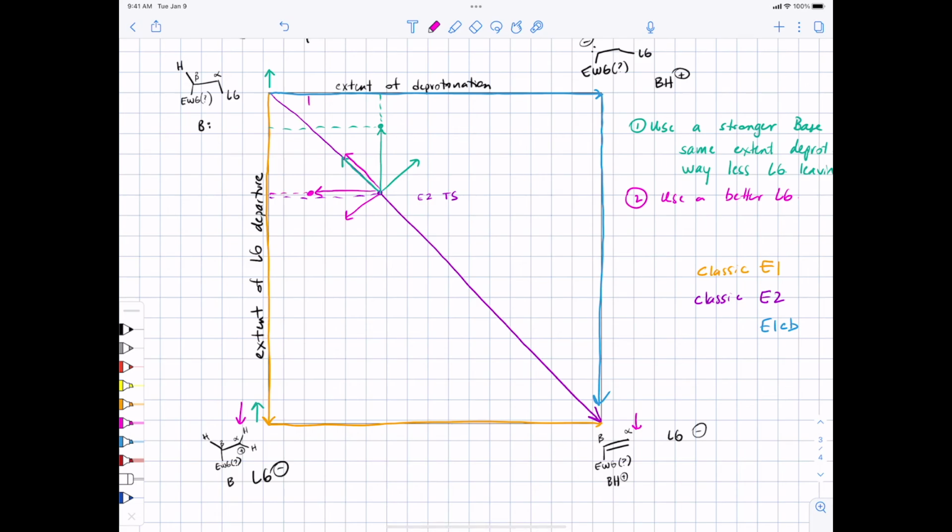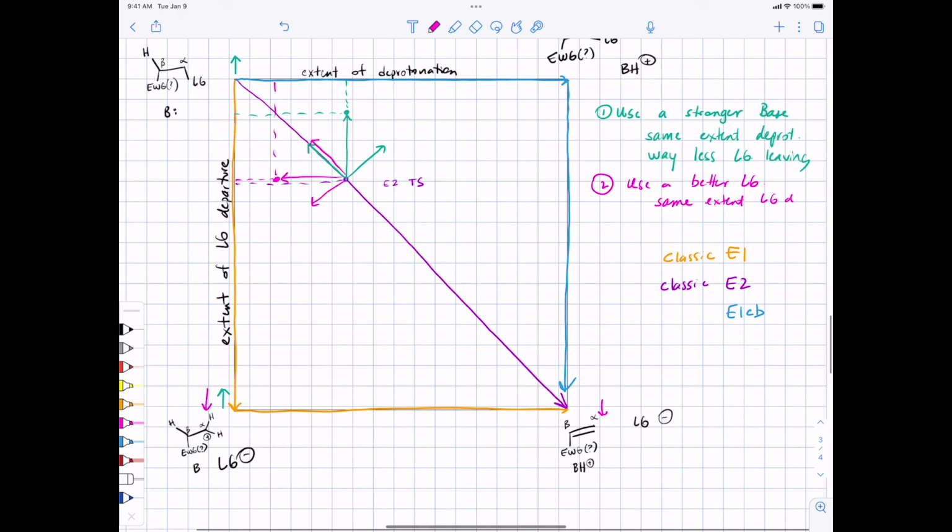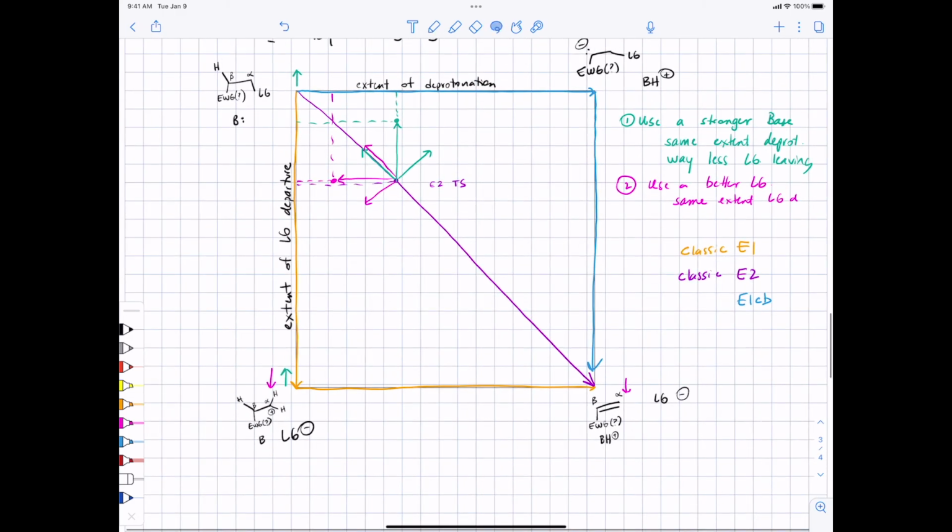And again, you can see that if we use a better leaving group, we get the same extent of leaving group departure. Oh, I thought I had more room to write departure. Oh well. But way less deprotonation. That's kind of counterintuitive, isn't it?